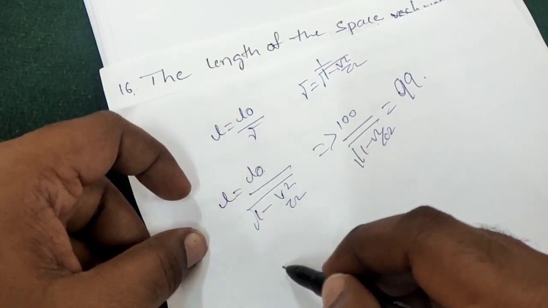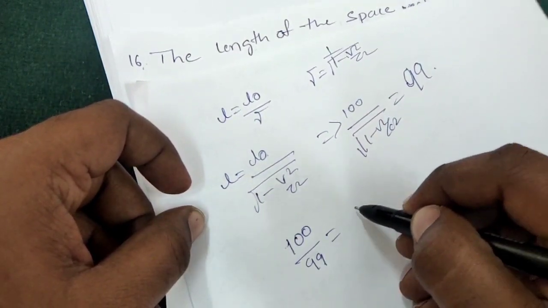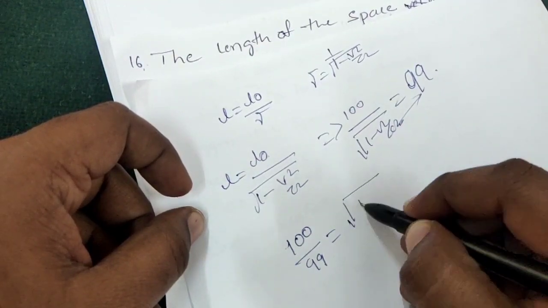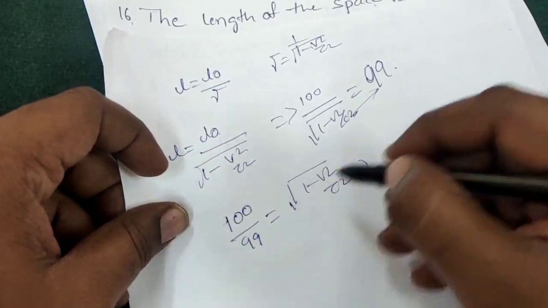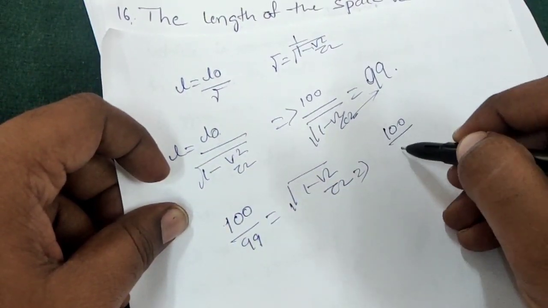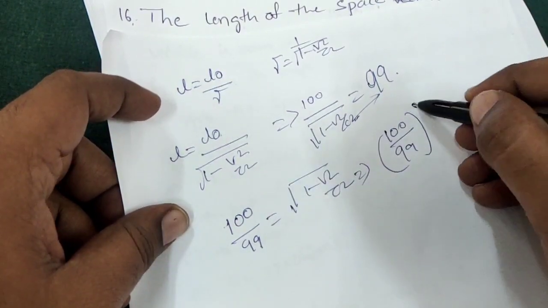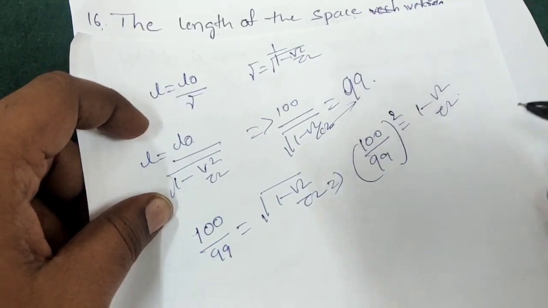Then by cross multiplication we will take 100 divided by 99 is equal to 1 over root of 1 minus v square by c square. Let us take the square. So when we send the square root to this side, it will become square. So 1 minus v square by c square.